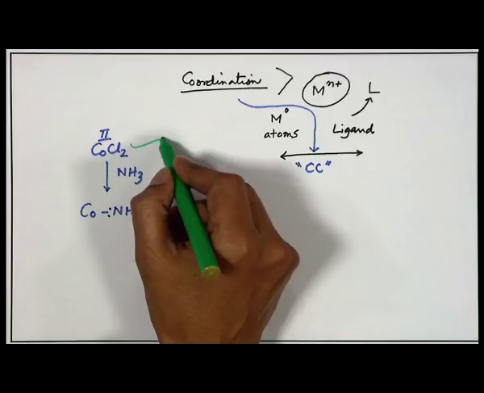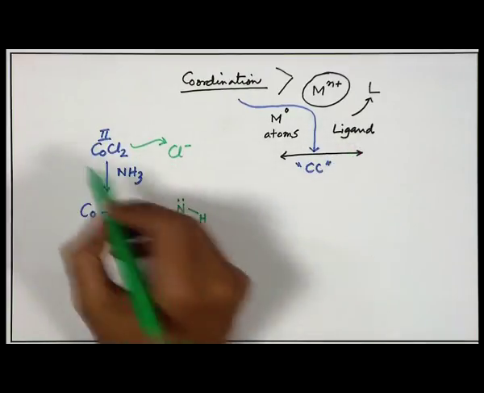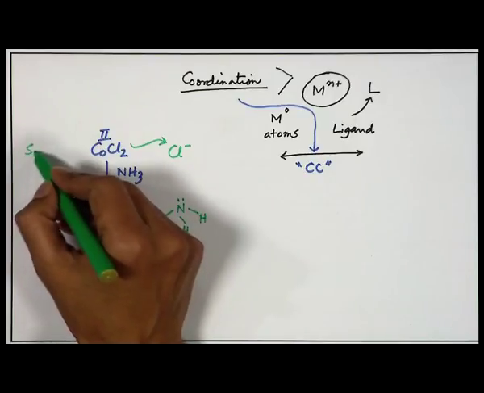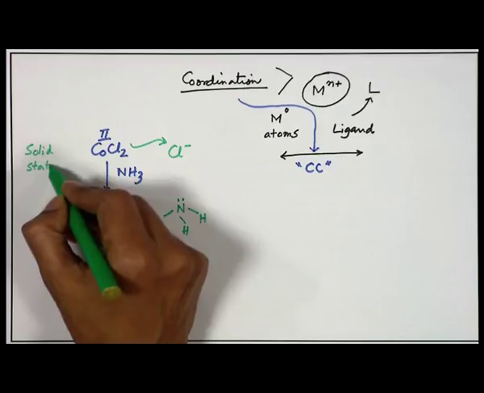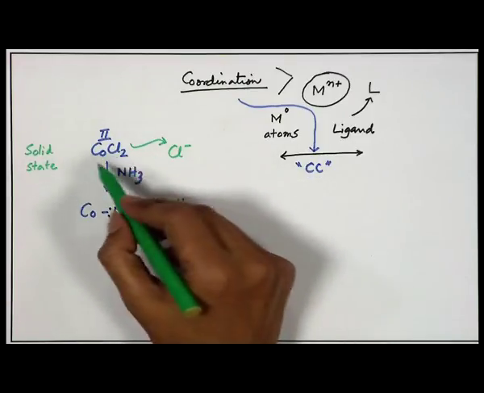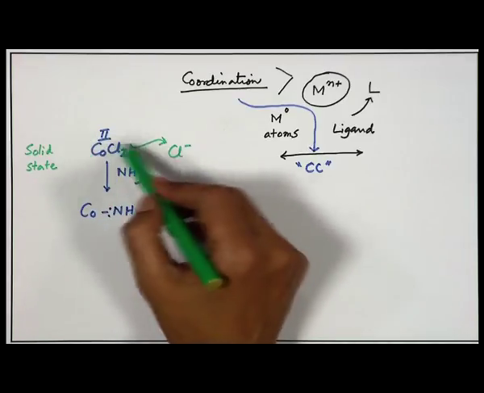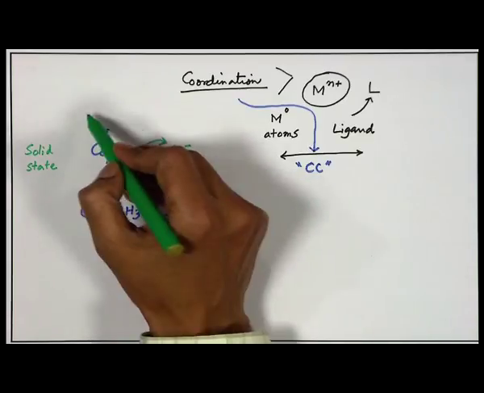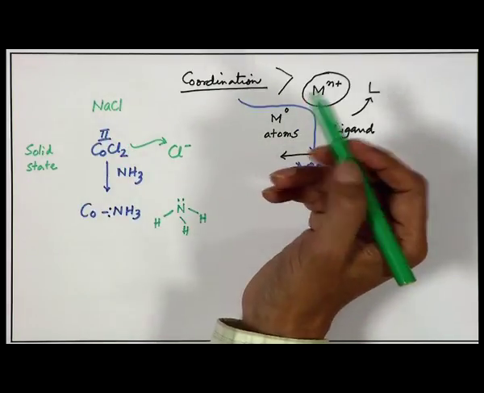So, where these Cl minus will be there, and how these are in the solid state, that means this is a solid compound. In solid state identification, the metal ion is only present in the bivalent state and the chlorides were there, like the regular packing, the rock salt structure of sodium chloride, say.